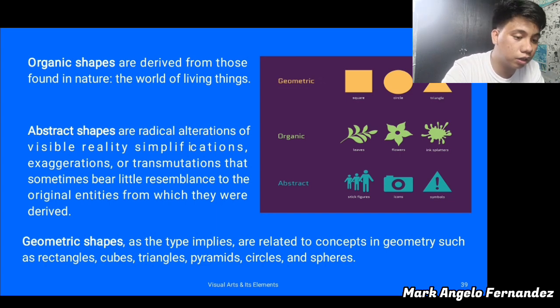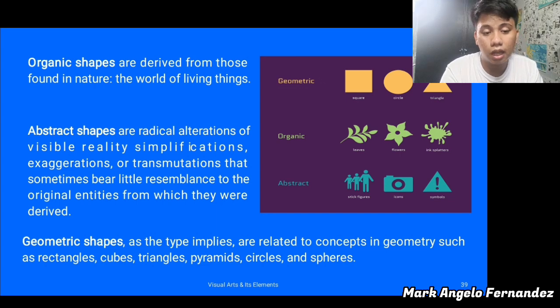Makikita natin yung shape ng dahon, shape ng bato. Kasi ang bato hindi siya perfect circle, hindi siya perfect oval. Meron siyang shape na kanya talaga. Kita natin flower, ink splatters. Tapos meron din tayong abstract shapes.